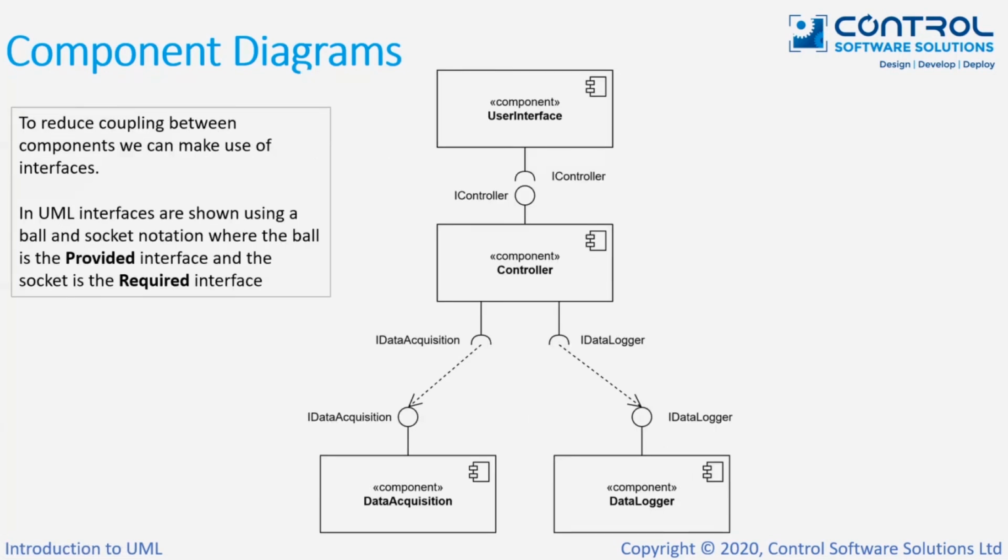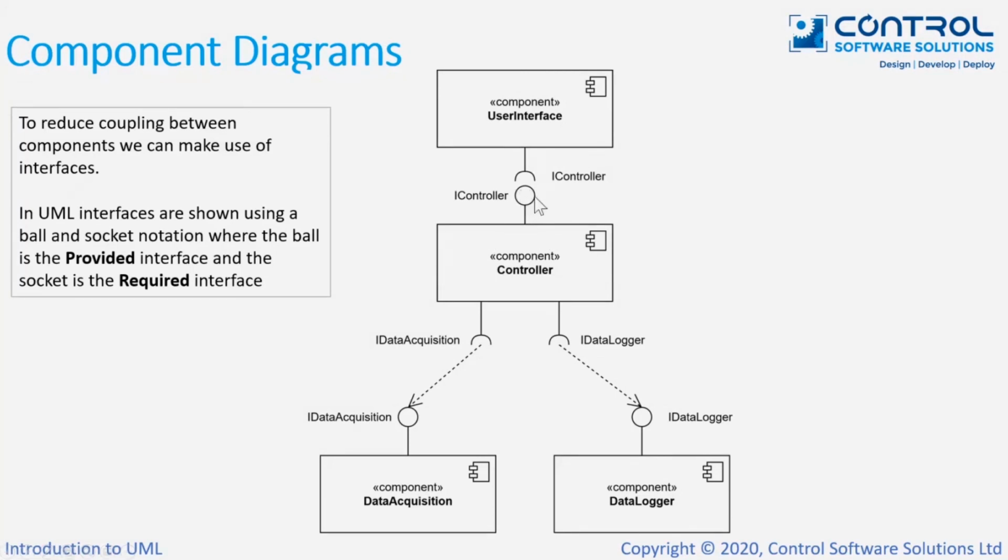So again, thinking about the interface notation. As I said, at the moment, we do this with purely abstract classes. We can use this ball and socket notation. A ball is a provided interface and a socket is a required interface. So my user interface requires a controller interface. An interface, and I'll try not to go too much into interfaces, sets up a contract basically between the two components.